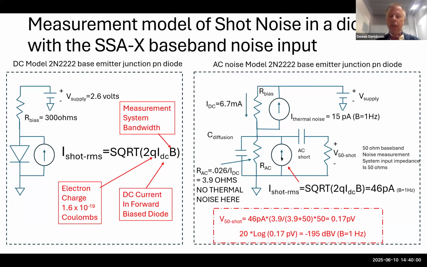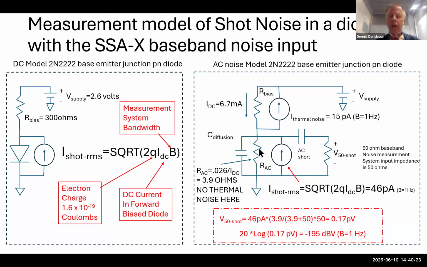So this shot noise right here has a decision to be made, where does it want to go? That current can flow to the load right here, this 50 ohm resistor, which is going to be this SSA-X instrument, or that current source, the shot noise current, could go through its own AC resistance of the diode.